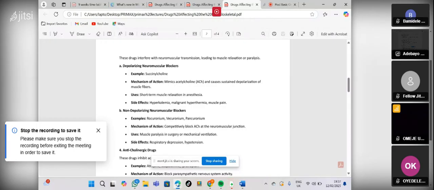So TCAs. Examples of TCAs are amitriptyline and imipramine. Those two examples are very, very important. So tricyclic antidepressants: examples are amitriptyline and imipramine.